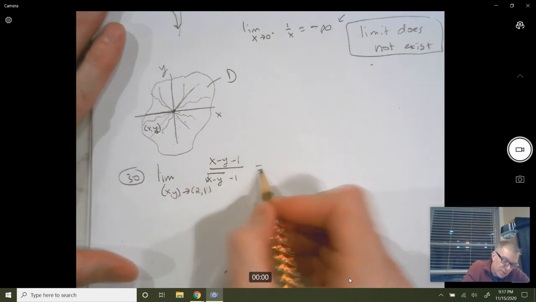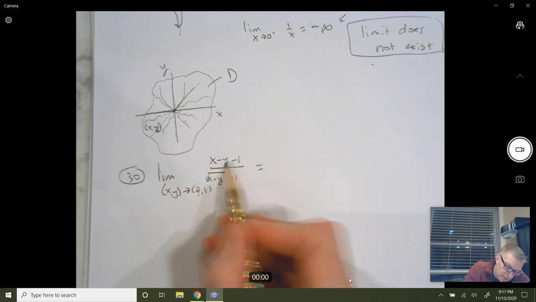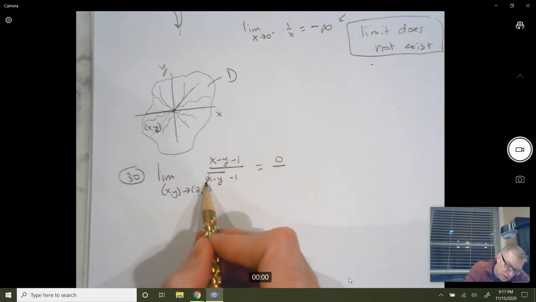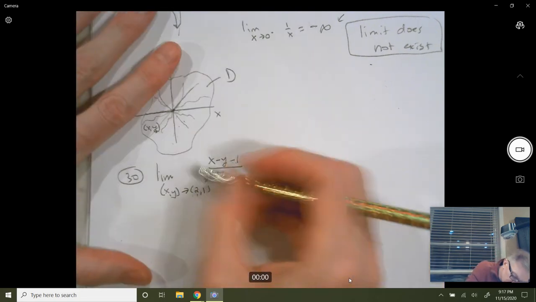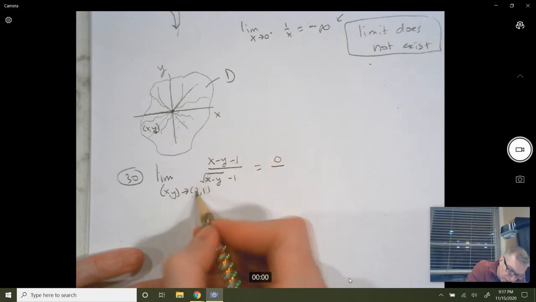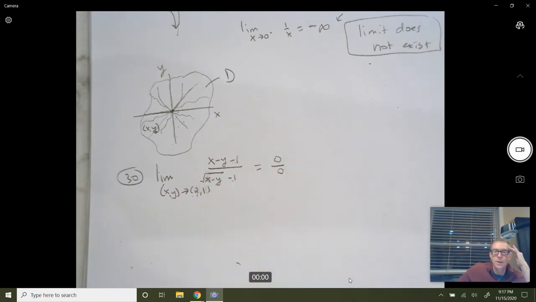Okay, so if we plug in 2 for x and 1 for y, that's 2 minus 1 is 1, minus 1. We get 0 on the top. And we plug in the square root of 2 minus 1, so that's the square root of 1 minus 1. Okay, we get 0 over 0.